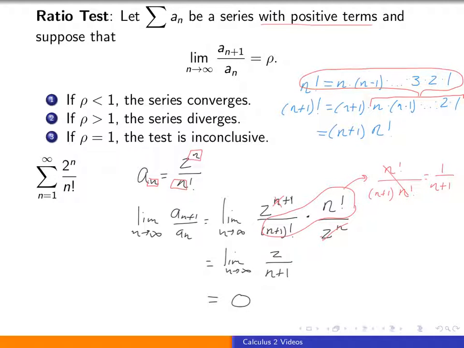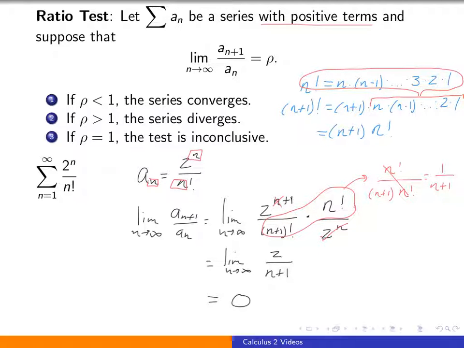And note that the algebraic manipulations that we have used here will be very common techniques. Instead of dividing by the a sub n, which is typically a fraction, we multiply by its reciprocal, and then we simplify algebraically using properties of exponents, and here we've also very conveniently used properties of factorials. So now our conclusion.